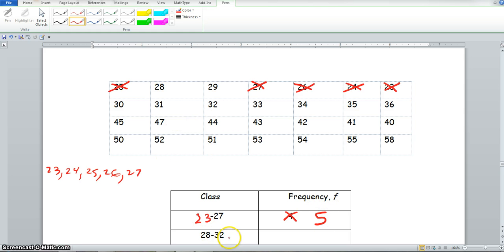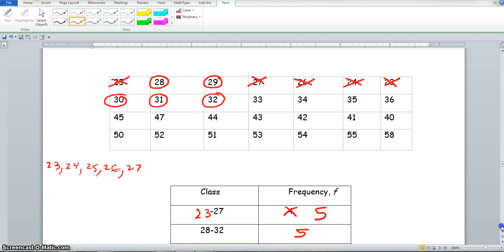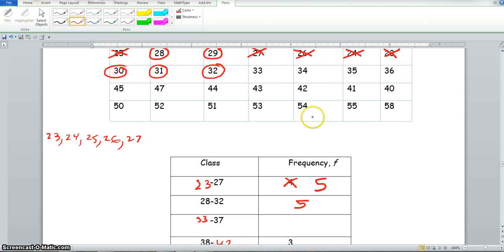Now we go here to 28 to 32. Now I'm going to use something different. I'm going to circle all the numbers that are in between 28 to 32. Okay, so we have 5. Now we have 33 through 37.